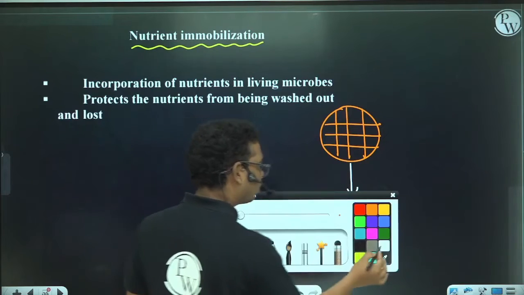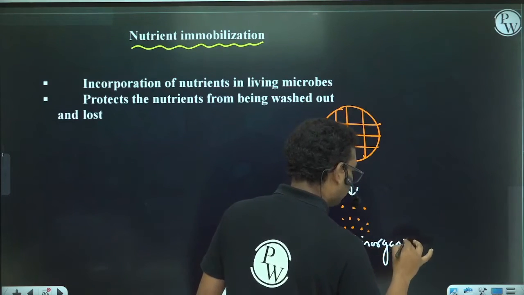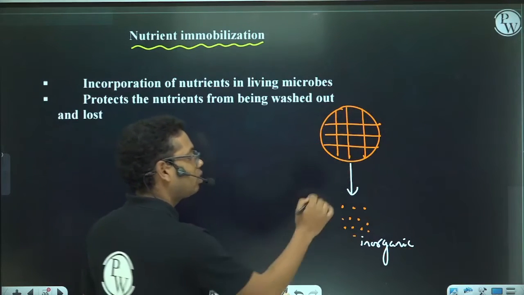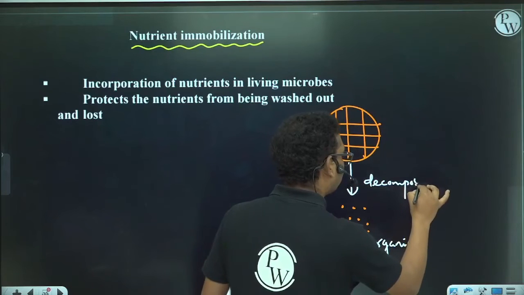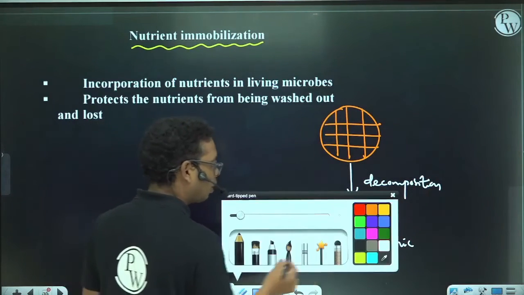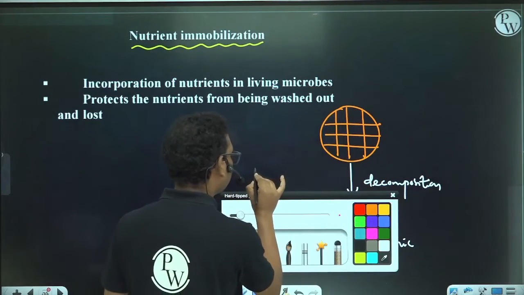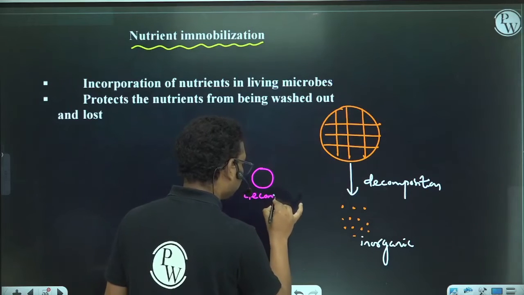These are inorganic molecules, inorganic nutrients, right? And this is basically decomposition. This decomposition will be done by what? Will be done by some microbes. So suppose this is one microbe, or I can say decomposer.